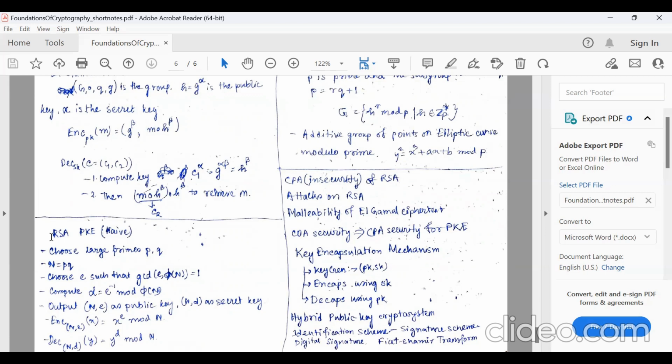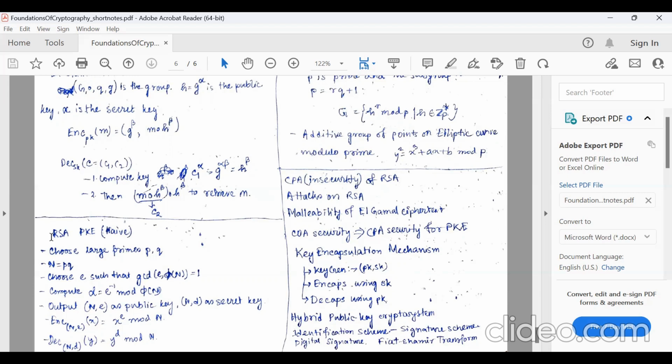Phi N is the Euler totient function, that is the number of elements in the set Z_N which are co-prime to N, and the number of elements in that set is denoted as phi N. And because E is co-prime to phi N, you can find the inverse of E modulo phi N, and you denote it as D, and then you output N comma E as the public key and N comma D as the secret key.